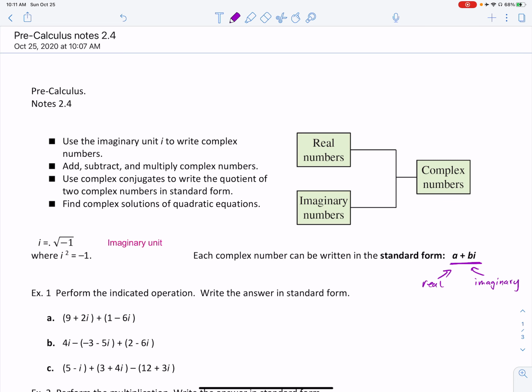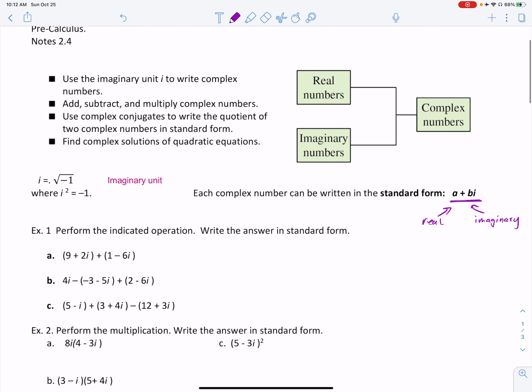So we're going to pretty much treat i like we would an x in terms of a variable as we work through this. In this first equation, you're just adding. So we have 9 plus 2i plus 1 minus 6i, and you're going to get 10 minus 4i.